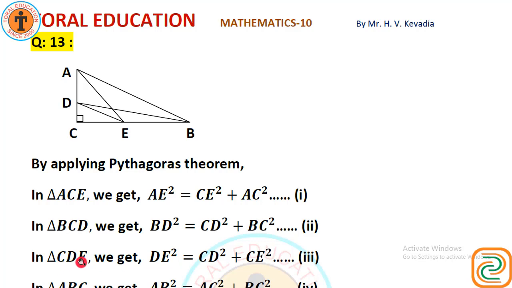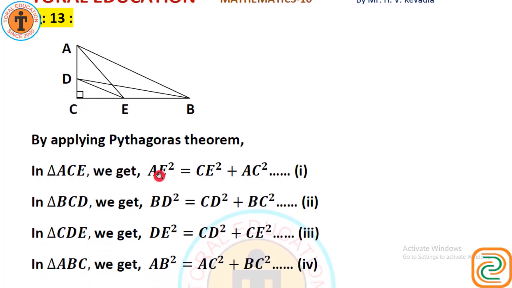Similarly, in triangle CDE, this small triangle, DE square equals CD square plus CE square. In the fourth triangle ABC, we get AB square equals AC square plus BC square.